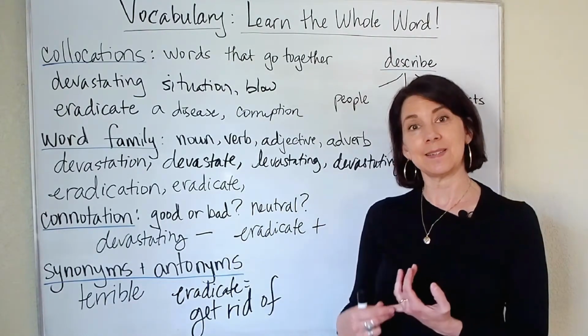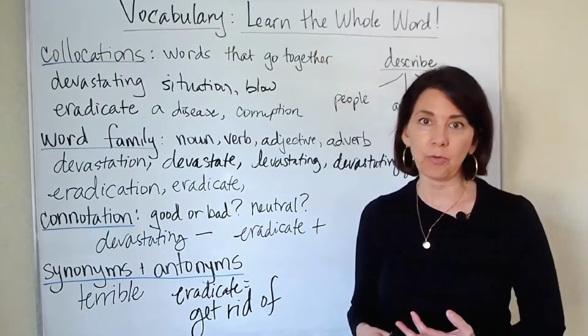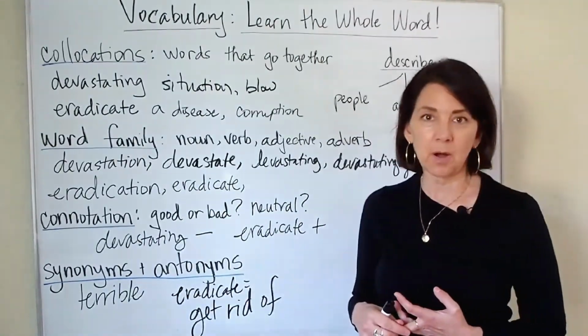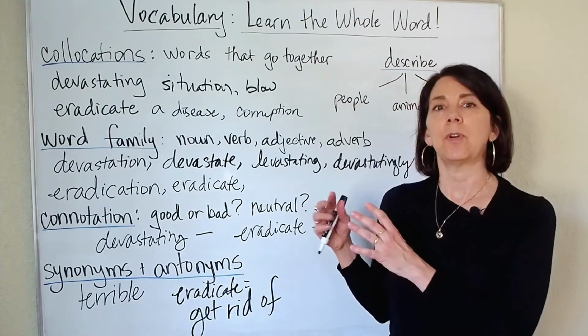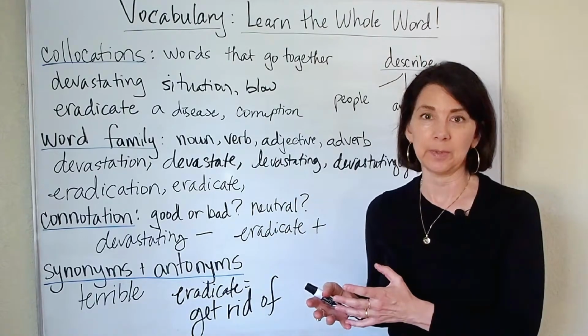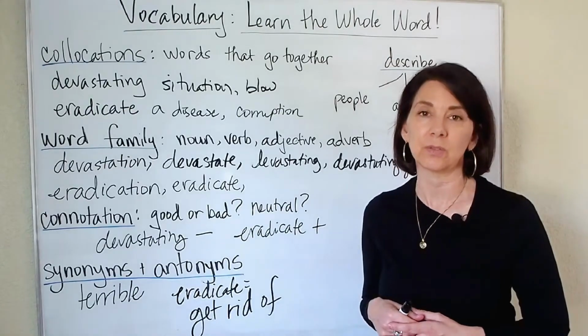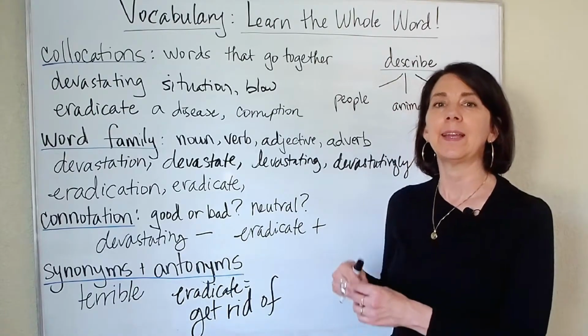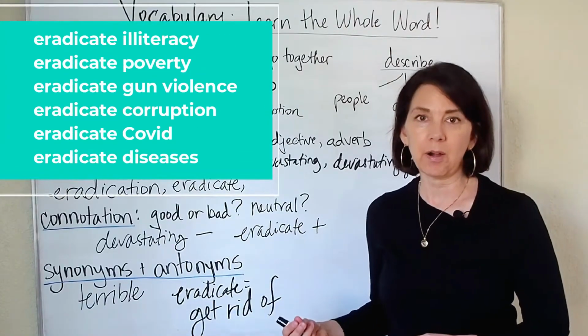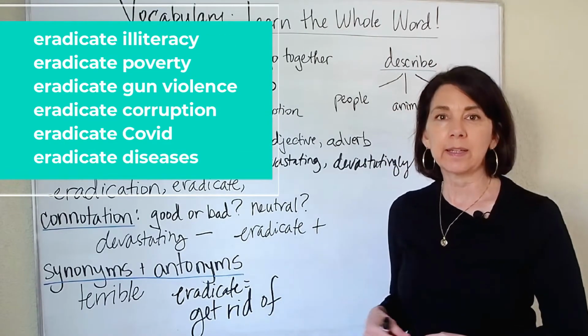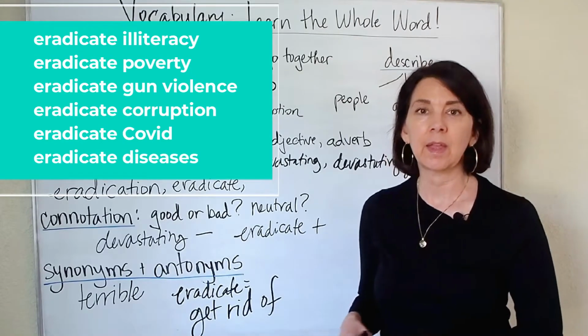So this could be a disease, to eradicate COVID, to eradicate smallpox. Or you can use eradicate for a kind of societal problem, a problem that exists in society. Eradicate illiteracy. Eradicate poverty. Eradicate corruption.